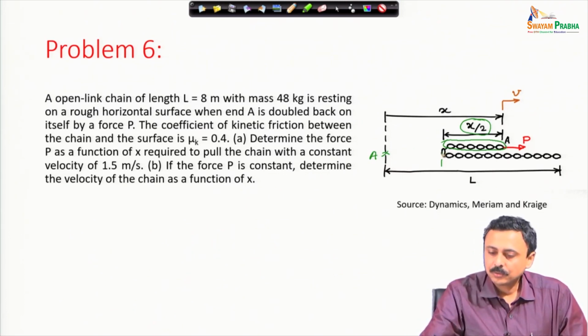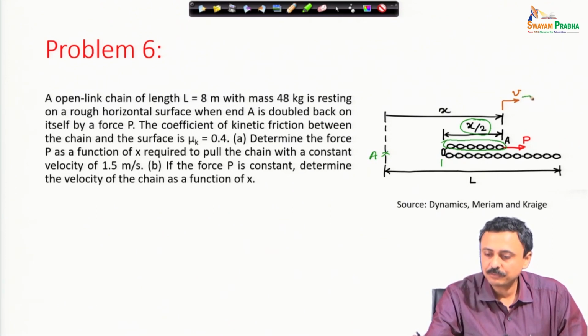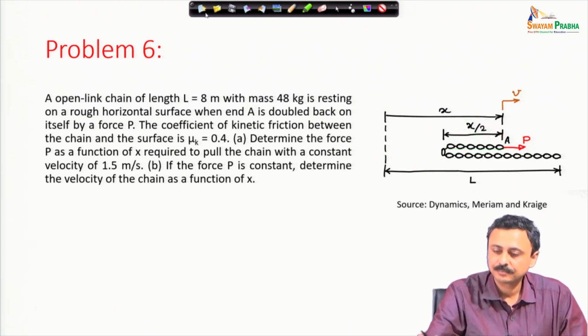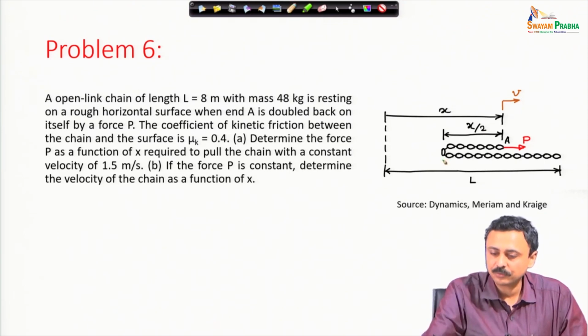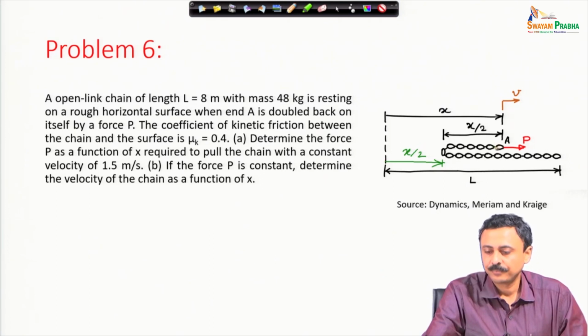Right. Now, if the velocity of point A of the chain is v, what is the velocity of this point? Remember, this whole thing is x, the moving part is x by 2, therefore this must also be x by 2.